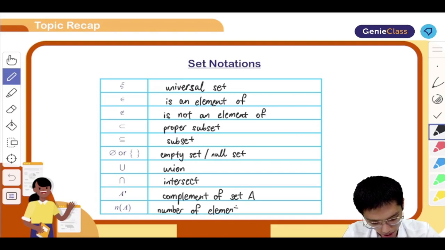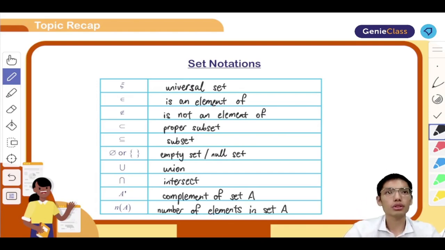So that's the different set notations that you have to take note of.